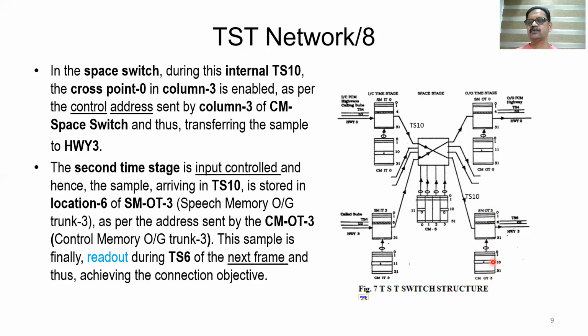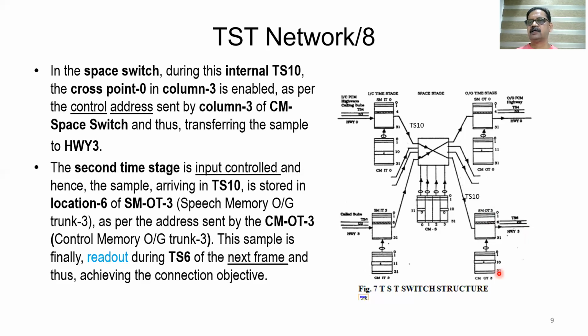That means since we have to send the information to time slot 6, we write the information. So this will exercise a control on the speech memory or buffer memory to write the information on this memory location 6, and it will be read out in the next cycle on TS6. That is how it is sent on TS6 highway 3.